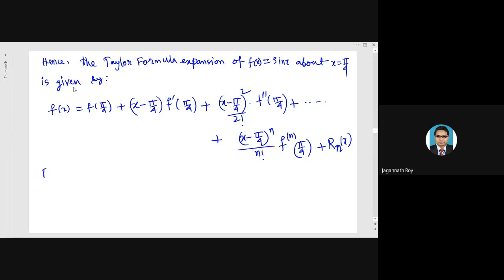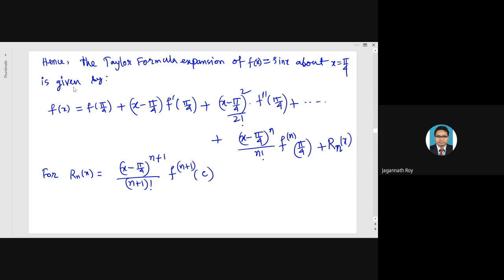So Rn(x) equals x minus pi by 4 whole to the power n plus 1 divided by n plus 1 factorial, then f of n plus 1 of c, where c belongs to the interval between x and pi by 4.